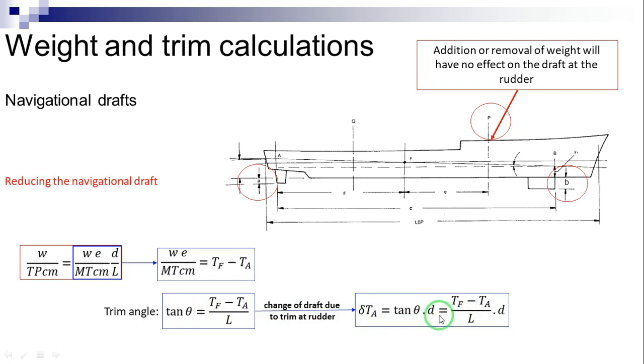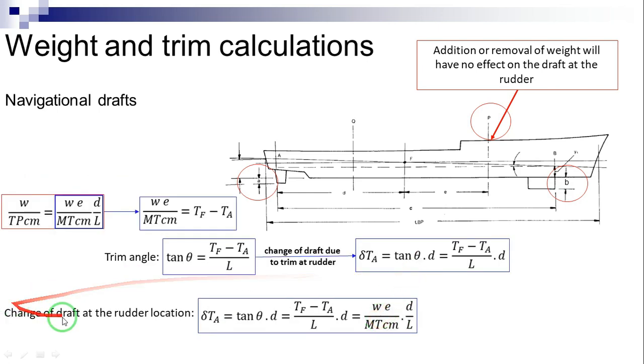Thus, the change of draft at the rudder location can be calculated as shown here. This draft change must be equal to the parallel sinkage in order to make sure that the draft at the rudder does not change. If the weight were removed rather than added, these equations would still apply, since the signs of both sides would be reversed.